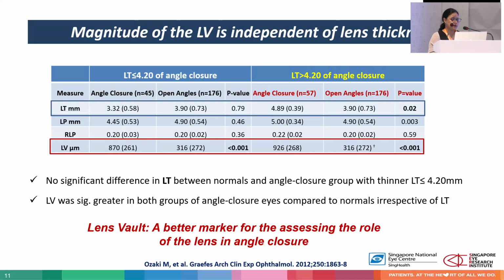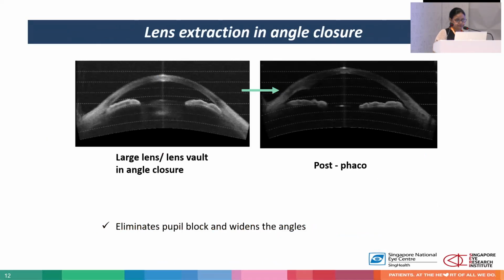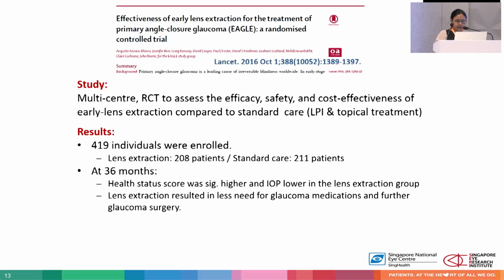This suggests that the lens vault is a better marker for assessing the role of the lens because it gives an estimate of the amount. It's directly related to the angles; it quantifies the amount of lens that is located in front of the angles.